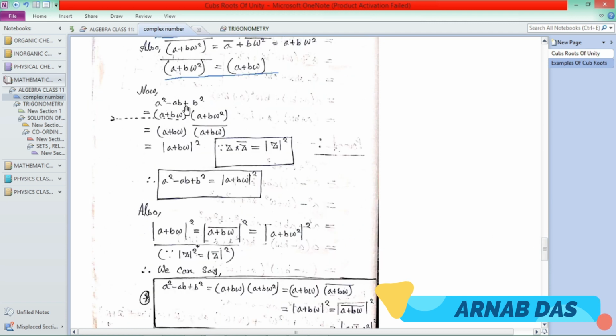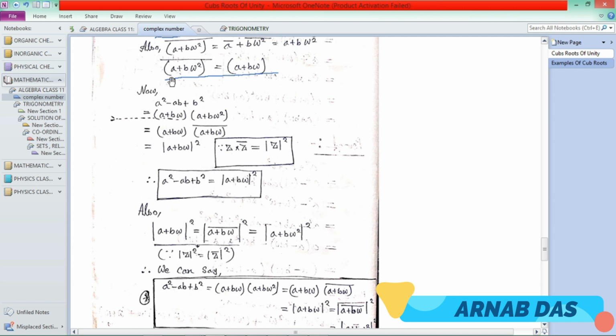a square minus ab plus b square equals a plus b omega into a plus b omega square, and a plus b omega square equals the bar of a plus b omega.